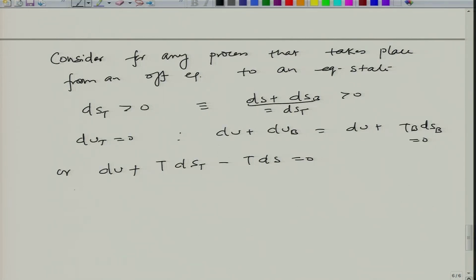Okay. So, I can rearrange this so that T dS is T dS minus du. So, this we have considered to be simply T here.